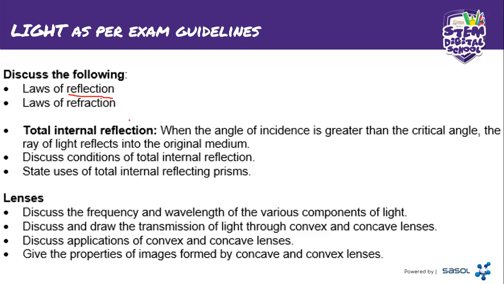Now, it says the definition, when the angle of incidence is greater than the critical angle, the ray of light reflects into the original medium. So that is the definition of total internal reflection.